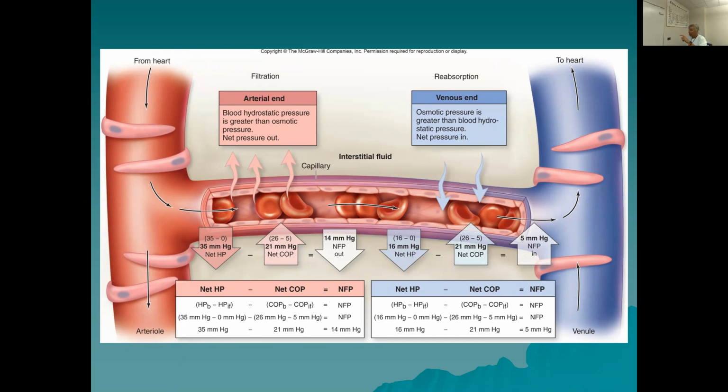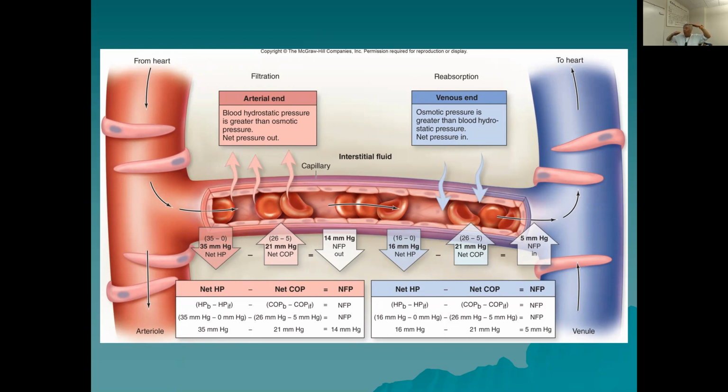Okay, so on the arterial side, hydrostatic pressure is up here, osmotic pressure is here. So net filtration pressure is positive, which means more fluid is being pushed out of capillaries than being pushed in.